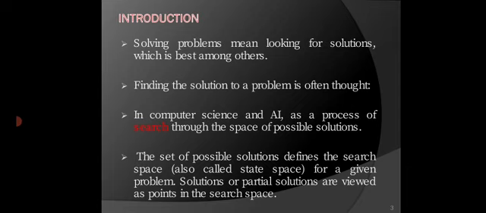The set of possible solutions defines the search space. It is also known as state space for a given problem. Solutions or partial solutions are viewed as a point in search space. So in computer science, the problem solution is within the search space, right?